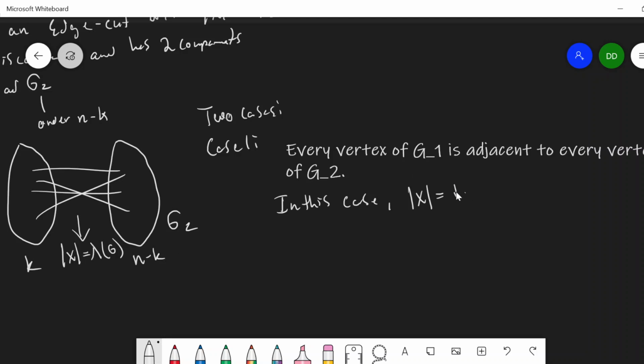And just like we did when we looked at the edge connectivity of the complete graph, we showed that this was at least n minus 1.